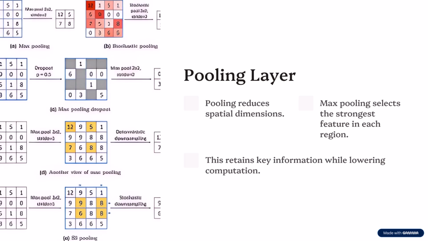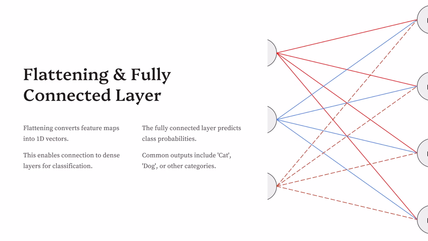The most common method is max pooling, which takes the highest value in that small area. Another method is average pooling, which takes the average of all values in the region. By doing this, pooling helps the CNN focus on the strongest features and reduces the amount of data the network has to handle. Next, we understand the flattening and fully connected layers.